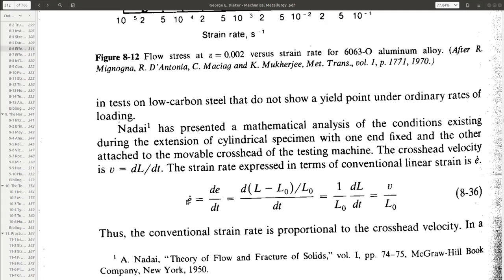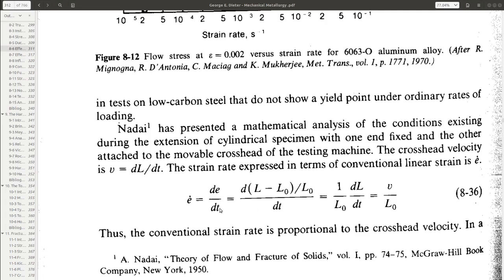Now e is the engineering strain, and e dot is the engineering strain rate, or conventional strain rate. Where e is equal to L minus L naught by L naught, if I substitute in the place of e, finally I will get V by L naught, where V is the crosshead velocity and L naught is the initial gauge length.